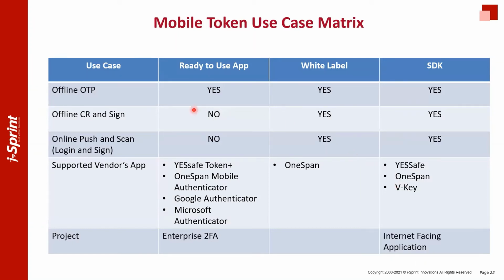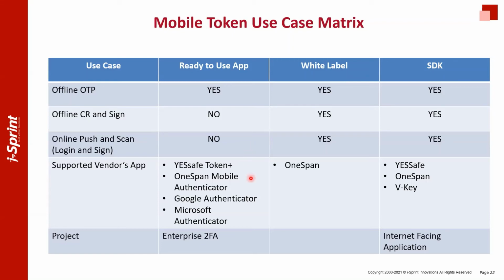Okay, so for offline OTP, basically it is already usable out of the box, as white label or SDK. White label is you just use the standalone mobile token, and SDK means you embed it into the mobile application. And then for advanced modes like push and scan, we need to customize the mobile token application.